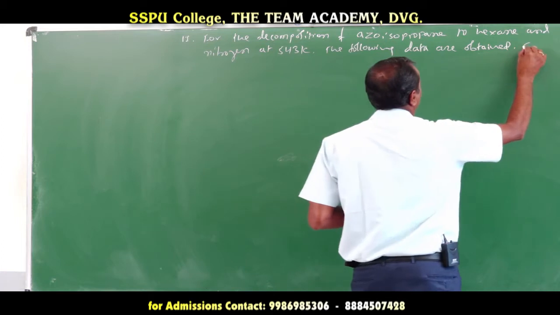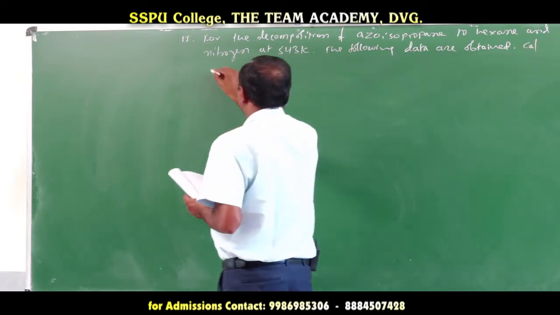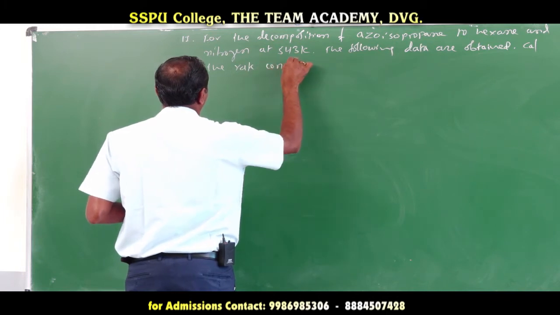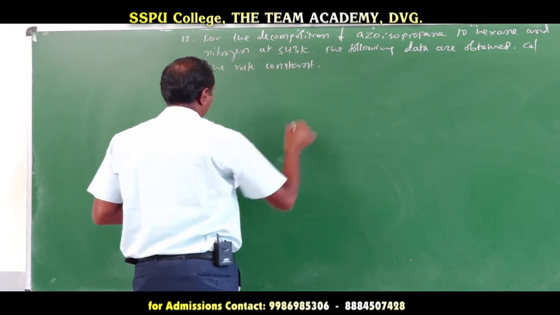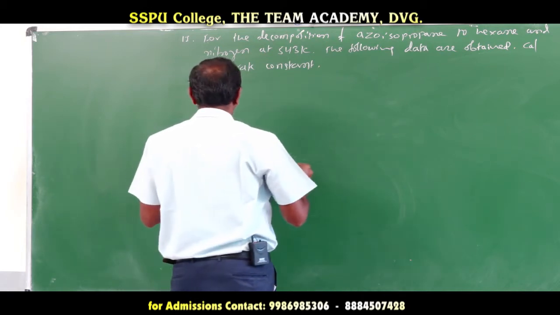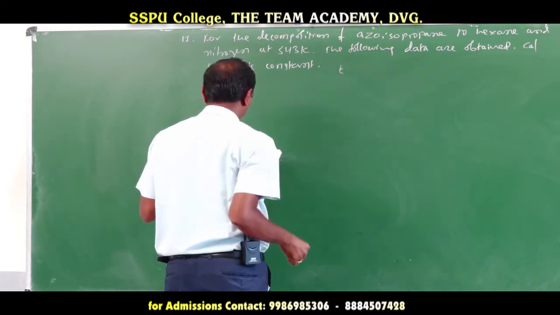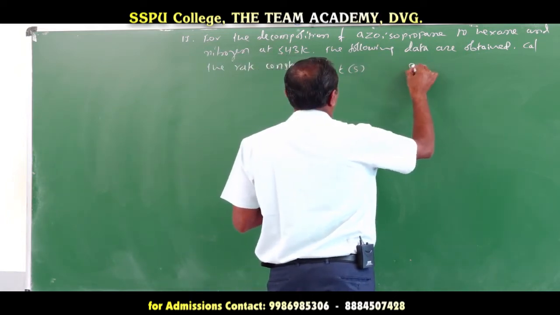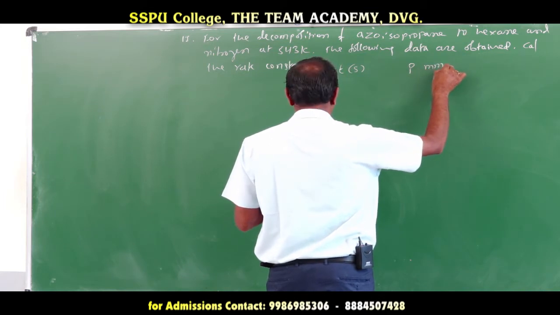Calculate the rate constant. We are given the values, time in seconds, then pressure in terms of mm of mercury.